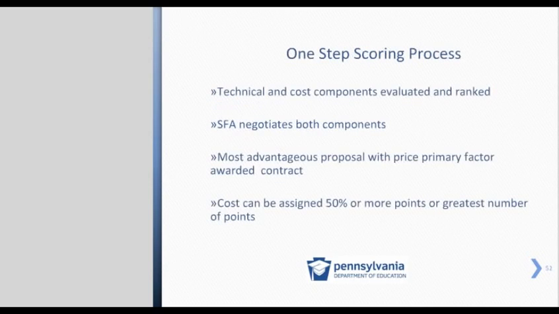In the one-step scoring method, the technical portion and cost components are scored at the same time. The School Food Authority can negotiate both components of the contract with vendors that scored above the specified percentage in the RFP. The negotiations must be consistent with the terms in the RFP.